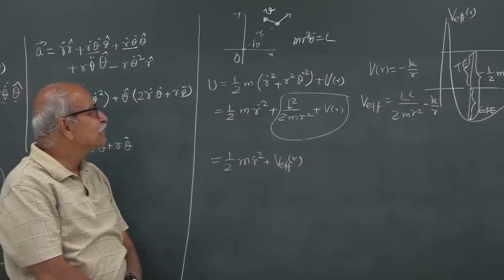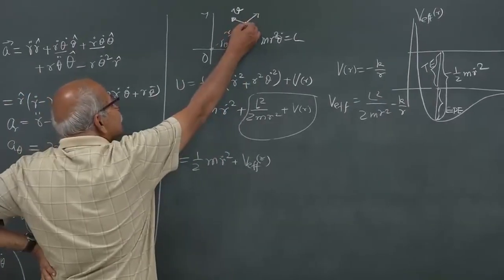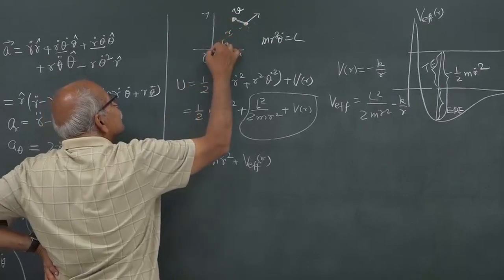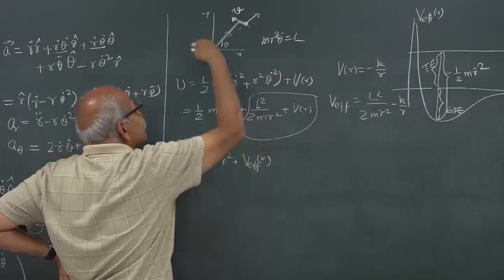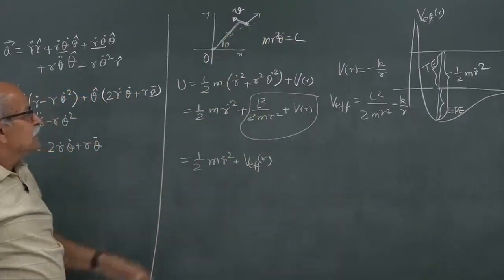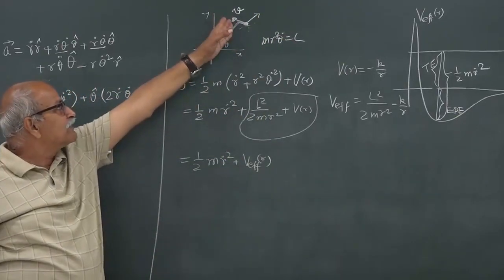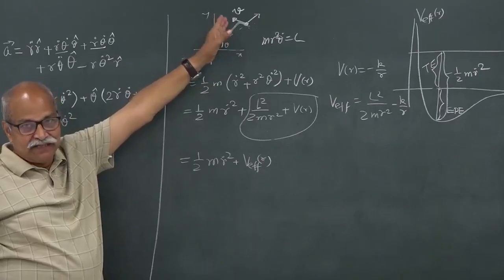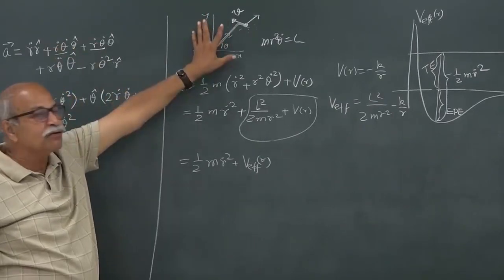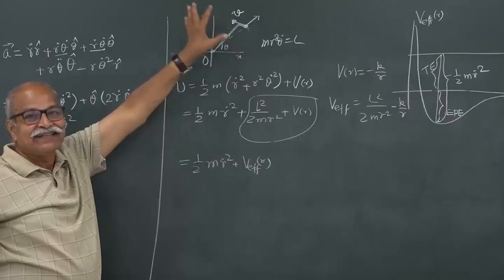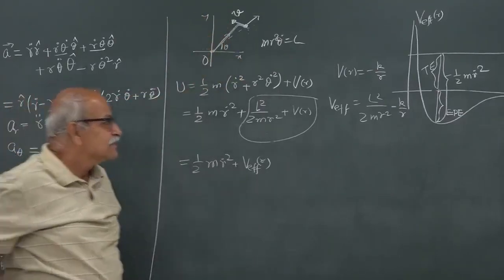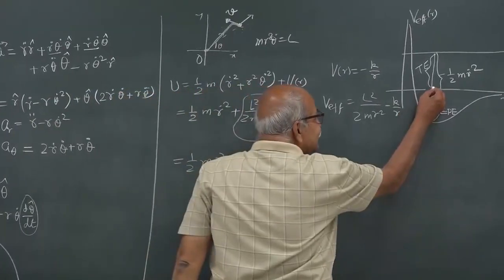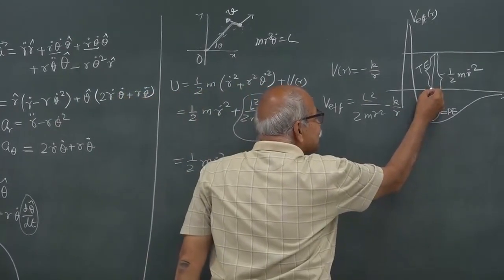Now, what is happening? If this is the diagram, if the particle is going in this direction, the value of r is decreasing. If it is going on that side, the value of r will be increasing. For this diagram, it does represent the correct direction of velocity: r is decreasing, that means this point here as time passes will shift here.